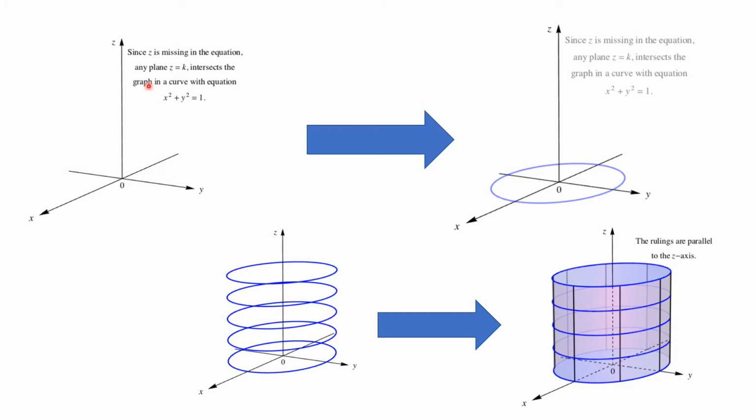Okay, since z is missing in the equation, we can pick any plane z equal k, and let's just start with z equals 0. So here's the plane z equals 0 down here, but then x squared plus y squared is a circle of radius 1 in that plane. But if I make z be any number bigger, now realize that z is equal to x squared plus y squared, so it's always bigger than or equal to 0.